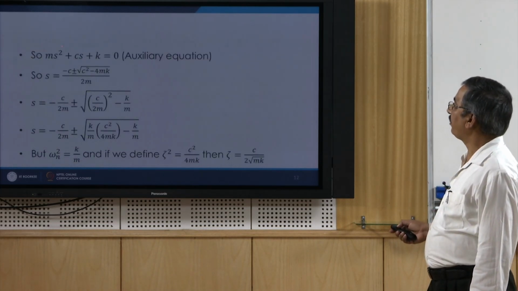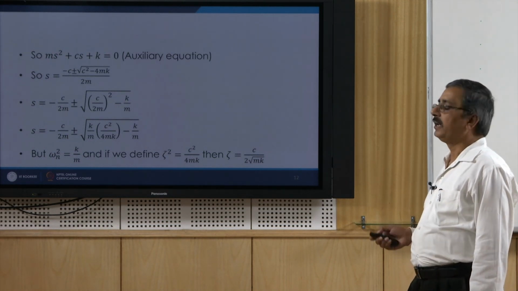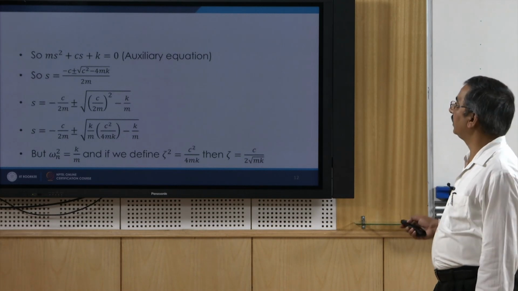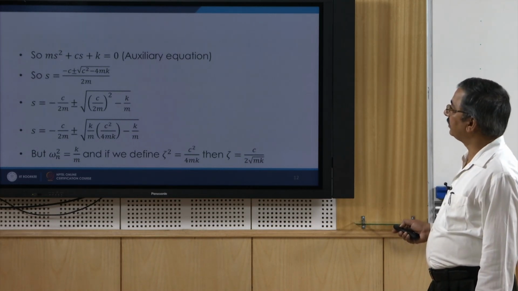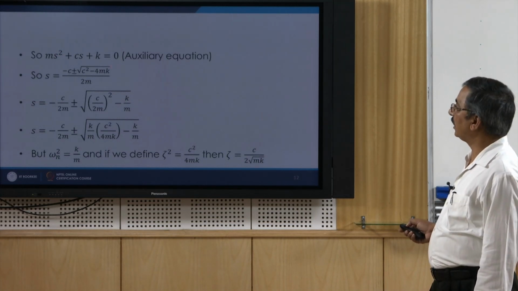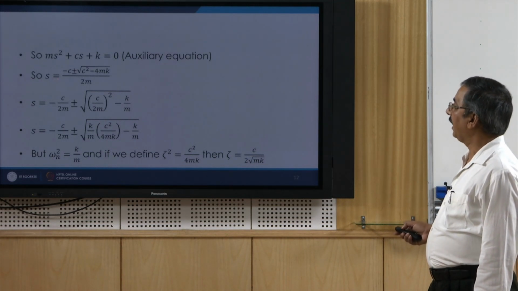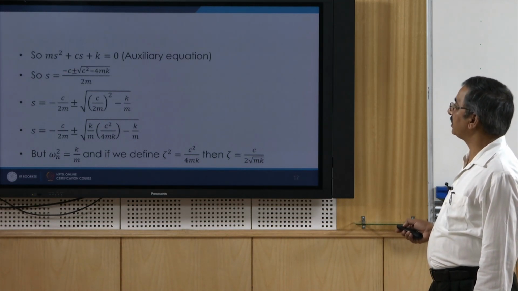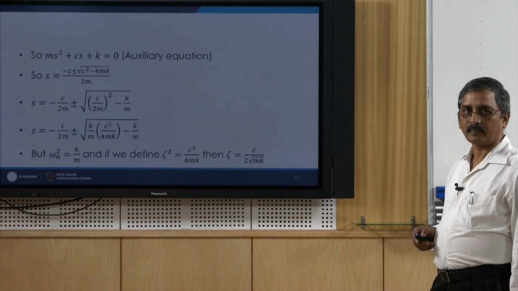So, this equation, ms square plus cs plus k is equal to 0, is very popularly known as the auxiliary equation. Okay. And you can see that this is a quadratic equation, and I can write the solution for this quadratic equation as s is equal to minus c plus minus under root c square minus 4 m k upon 2 m.